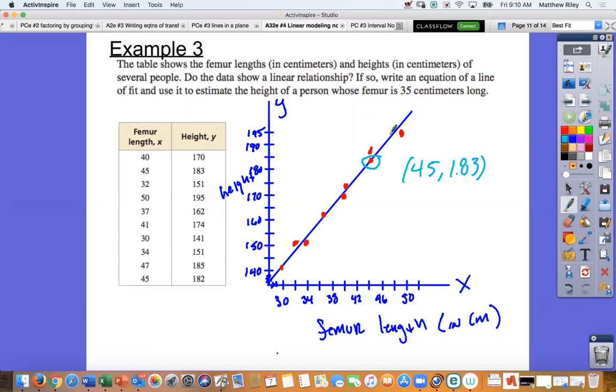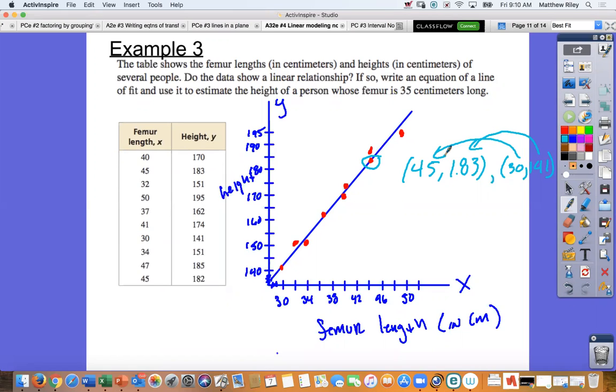And where else does it look like it goes through? Looks like it goes through 30, 141. Once you pick those 2 points, you do the exact same thing. Find your slope and write the equation.